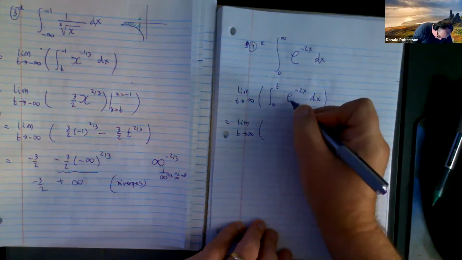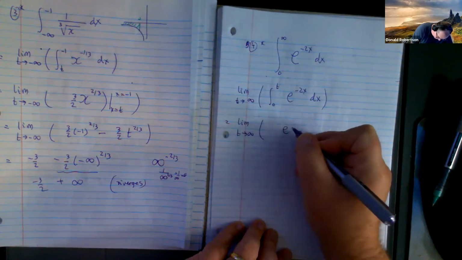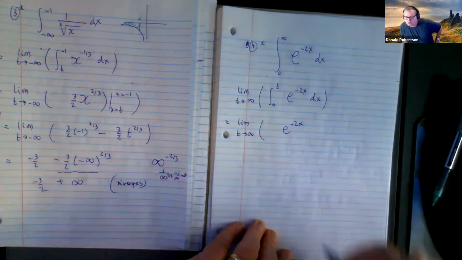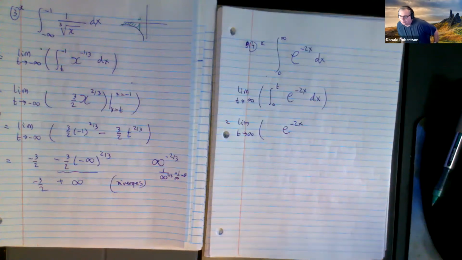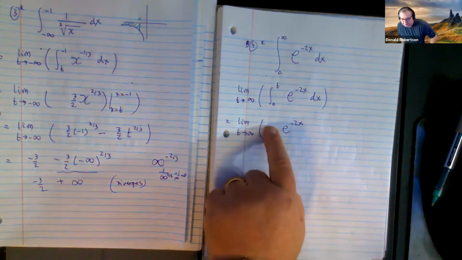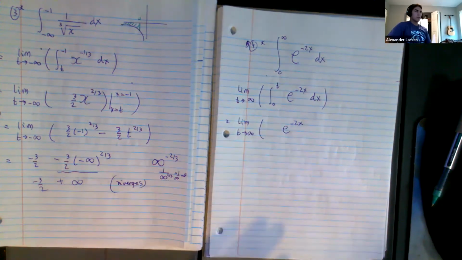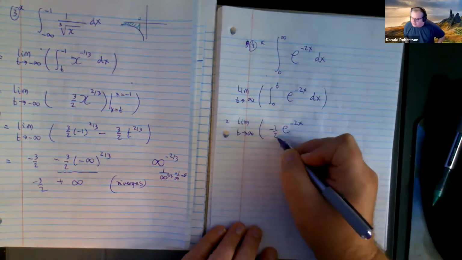If you integrate e to the -2x, you get e to the -2x times what? It's not just e to the -2x. What should go here? -1/2. Right? Are you all happy about that?